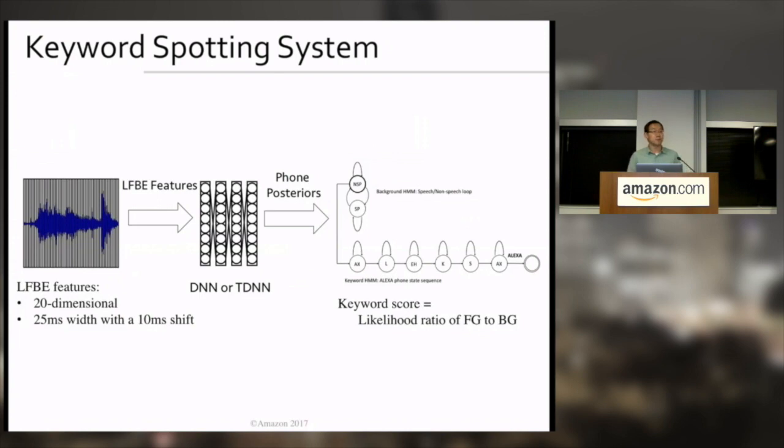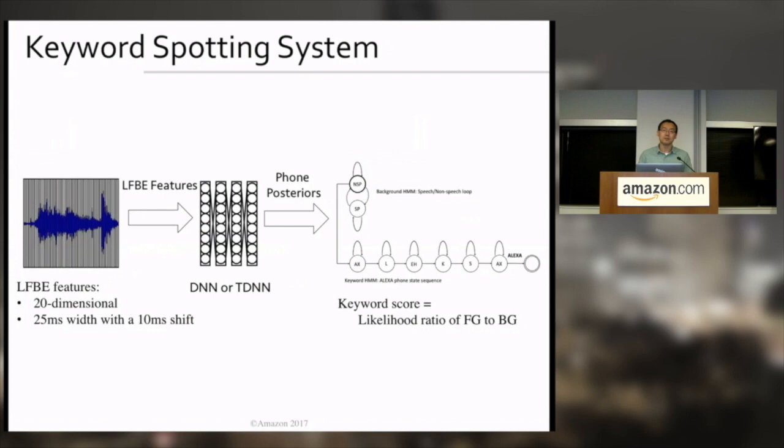Once we got these LFB acoustic features, we will feed them into an acoustic model, which is shown in the middle part of this slide. The acoustic model could be a conventional feed-forward DNN, or another type of neural network like time delay neural network, which will be the focus of this talk. One thing I'd like to mention is when we feed these features into the acoustic model, we don't only feed the features from the current frame.